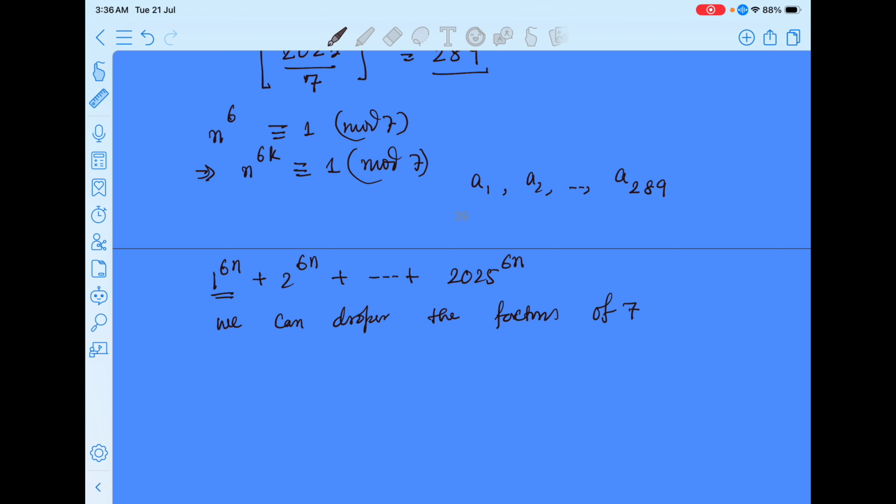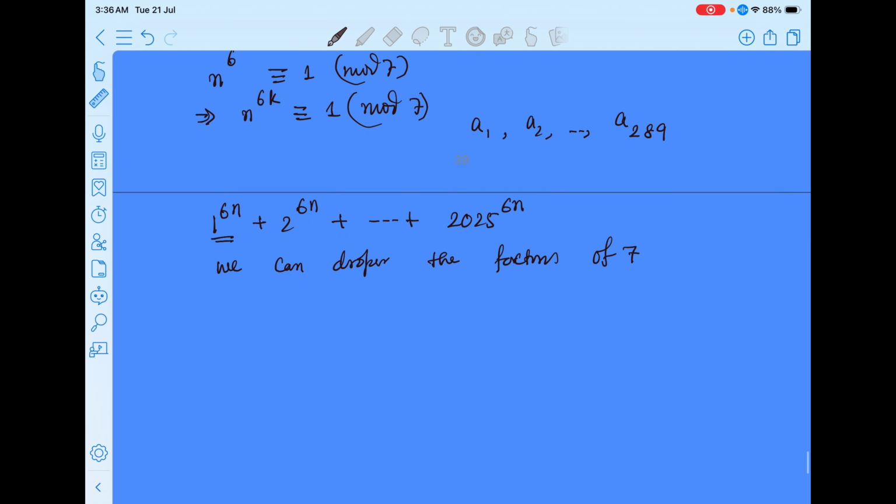So how many multiples of 7 are there? That means we have 2025 minus 289 mod 7. Is that clear? Because we have 2025 numbers, whenever I have a multiple of 7, we can just say that is 0 mod 7, right?